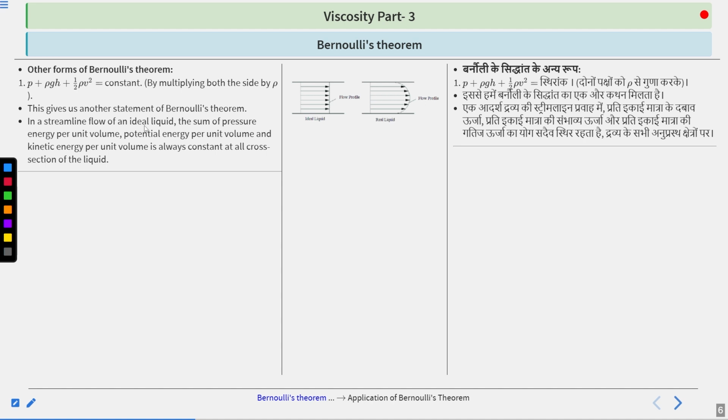In a streamlined flow of an ideal liquid, the sum of pressure energy per unit volume, potential energy per unit volume, and kinetic energy per unit volume remains always constant at all cross sections of the liquid. Remember, we are talking about an ideal liquid. Please remember that ideal liquid is mentioned while talking about Bernoulli's theorem.